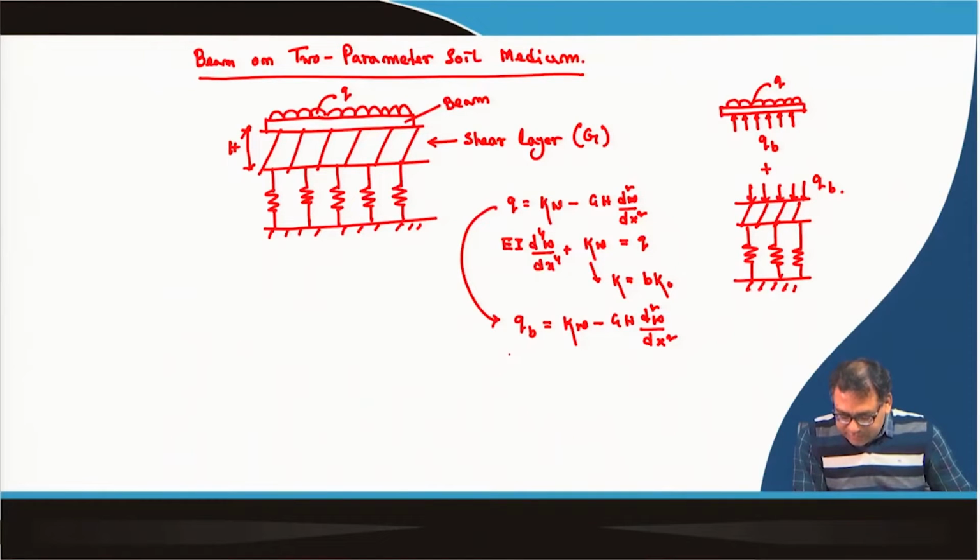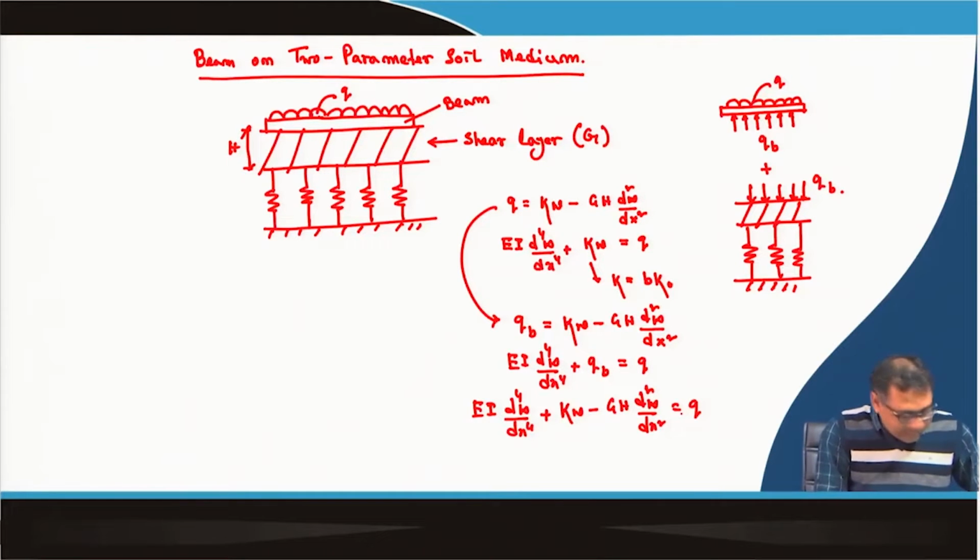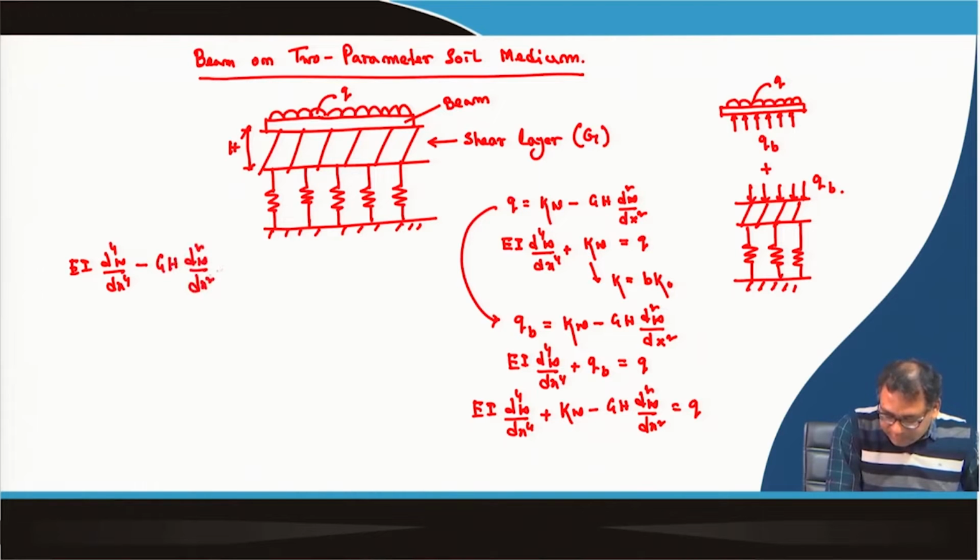So the beam equation I can write EI d4 W dx4 plus QB is equal to Q. Now if I replace this QB here, then the equation will be EI d4 W dx4, QB is KW minus GH d square W dx square, that is equal to Q. So I can write this equation as EI d4 W dx4 minus GH d square W dx square plus K into W, that is equal to Q.